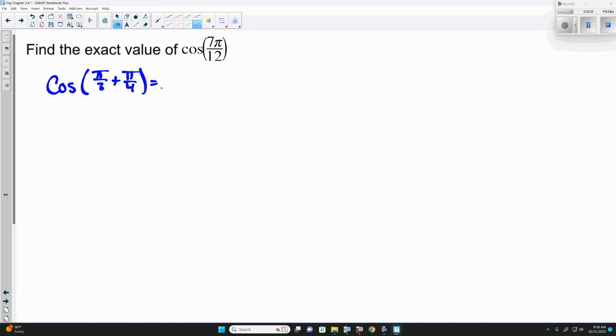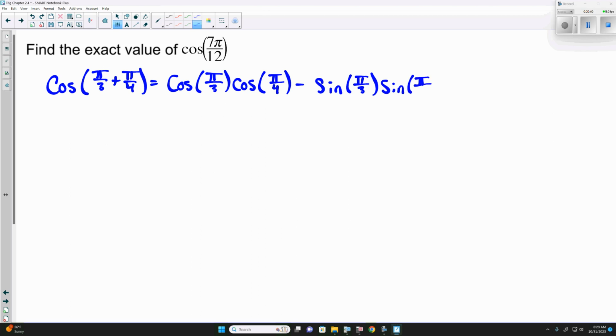Now, cosine of pi over 3 plus pi over 4 is cosine of alpha, so cosine of pi over 3, times cosine of beta, pi over 4, minus sine of alpha, sine of pi over 3, times sine of beta, sine of pi over 4. Now, cosine of pi over 3 is 1/2. Cosine of pi over 4 is square root 2 over 2.